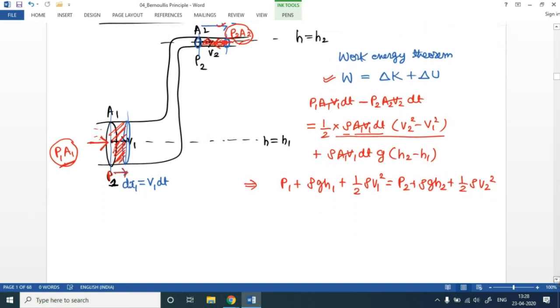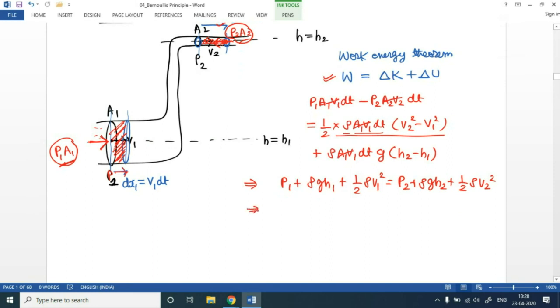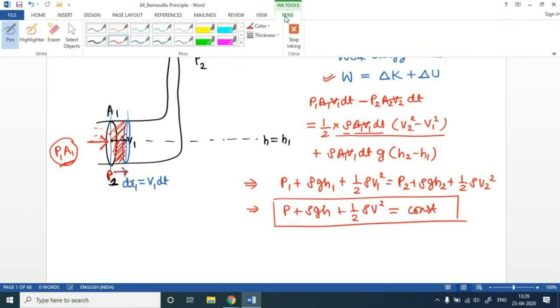In other words, you can say that P plus rho g h plus half rho v square, for a streamlined flow, is going to be a constant. So that is the idea. There is one way of looking at these terms.